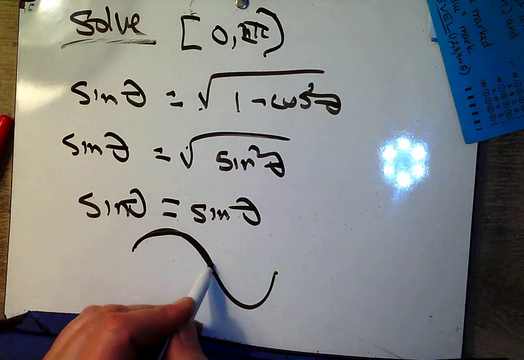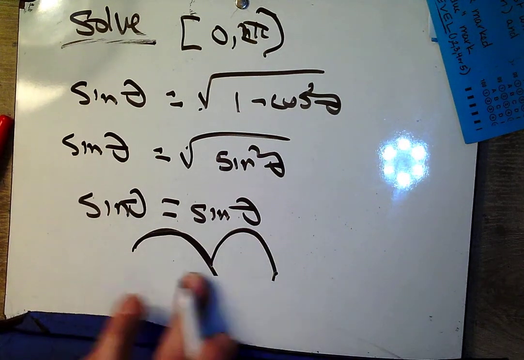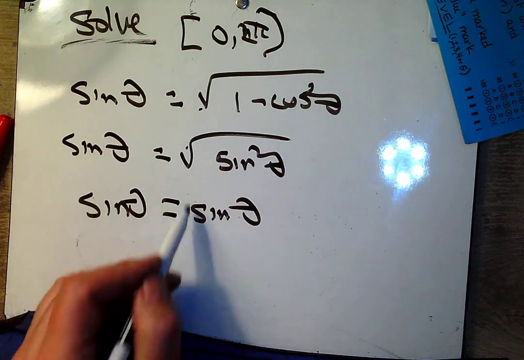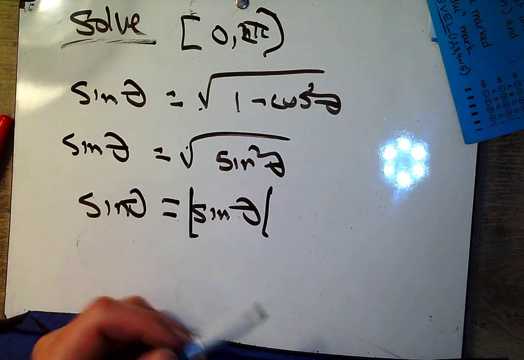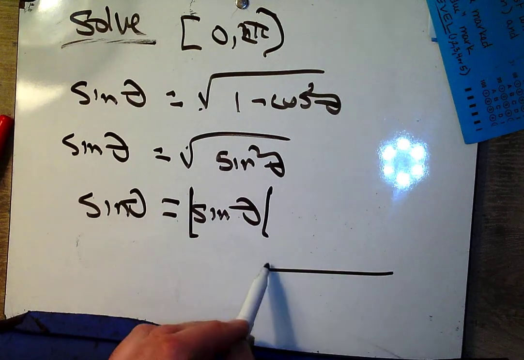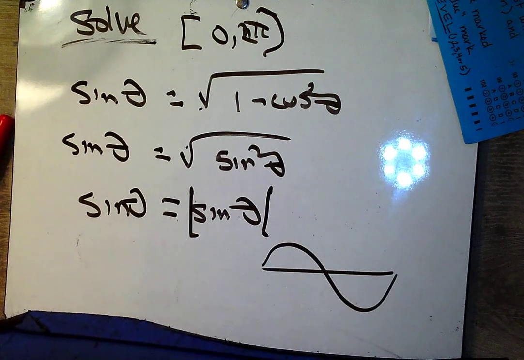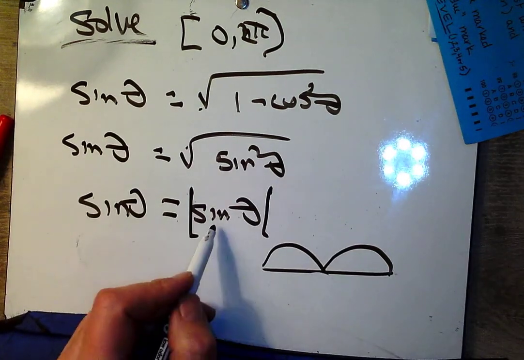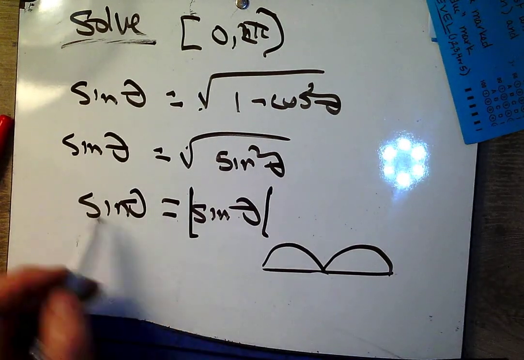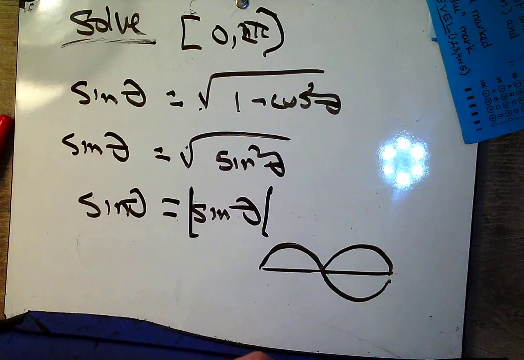They did for this part, and then we saw that. And you know what that is? That's the absolute value of sine. Sine wants to do this. Absolute value says you're going to do that. So there's my absolute value of sine, and my sine looks like this.